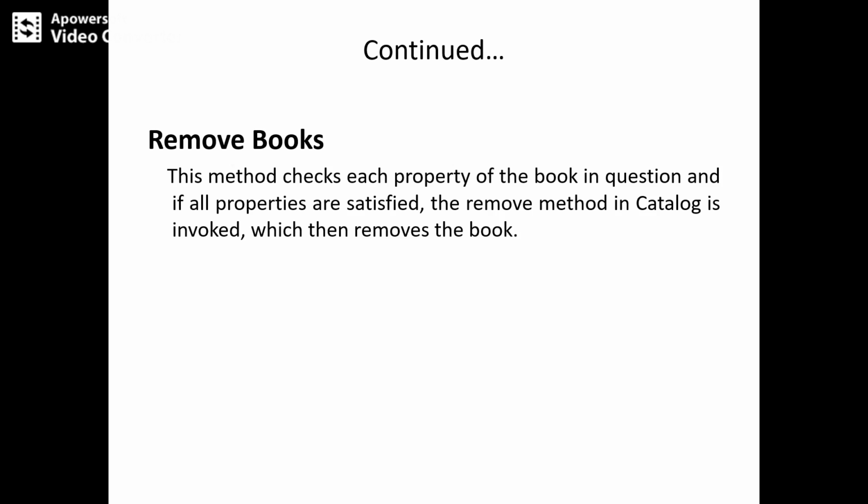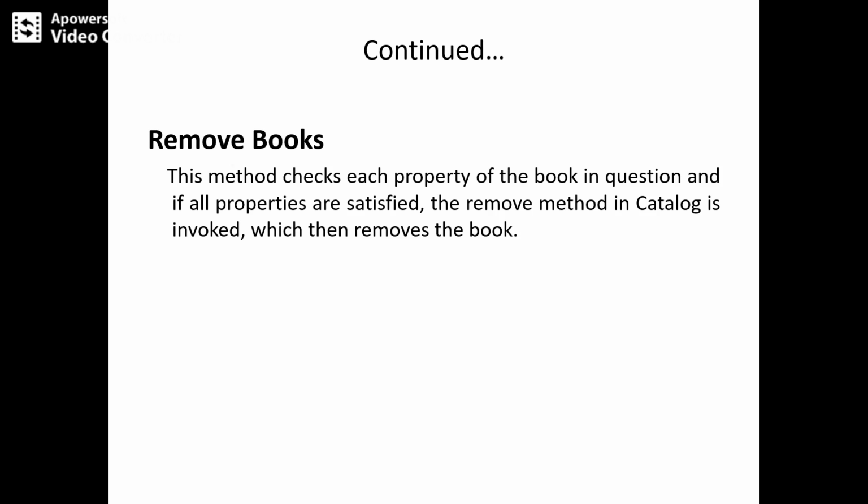No one should hold that book, and it should not be checked out in the particular book class. The logic for deciding whether the book is removable is in the remove book method in the main library class. We discussed remove book in the previous videos.